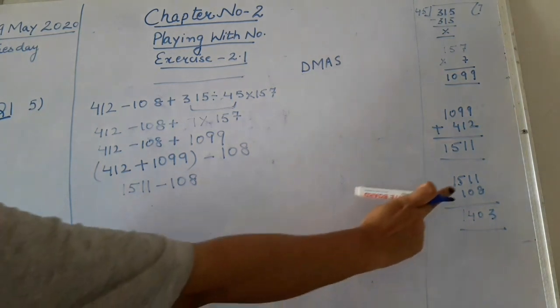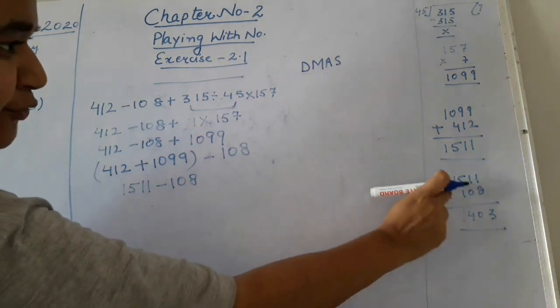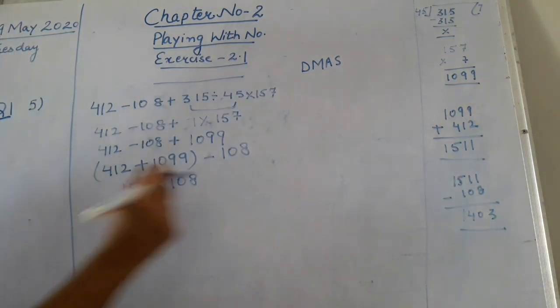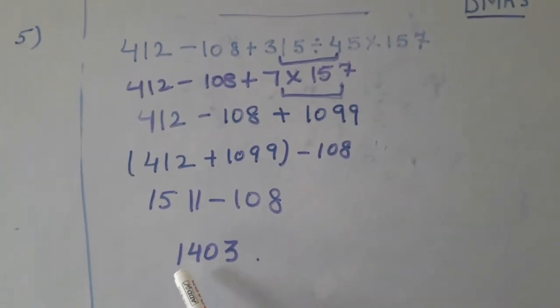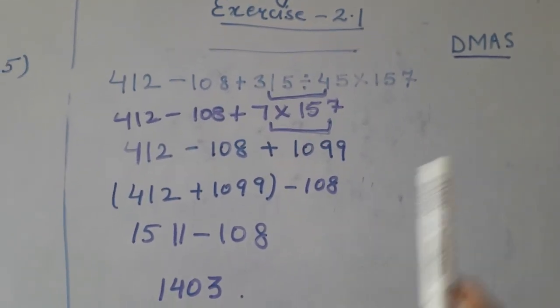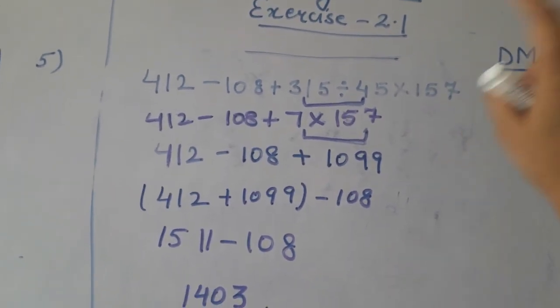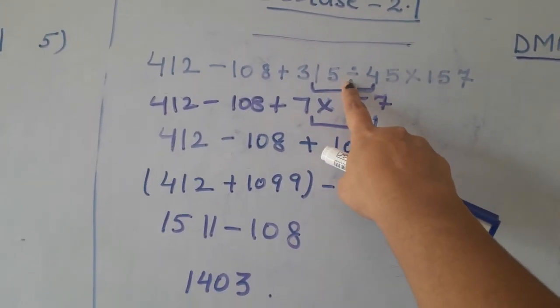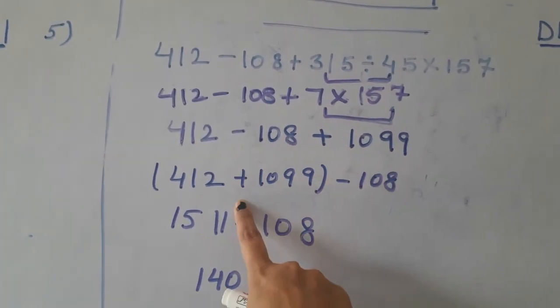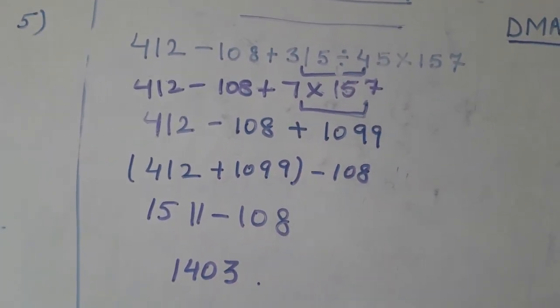On subtracting 108 from 1511, I get my answer as 1403. So how did I solve my question? According to DMAS, firstly I did the division and then multiplication and then addition and then subtraction.